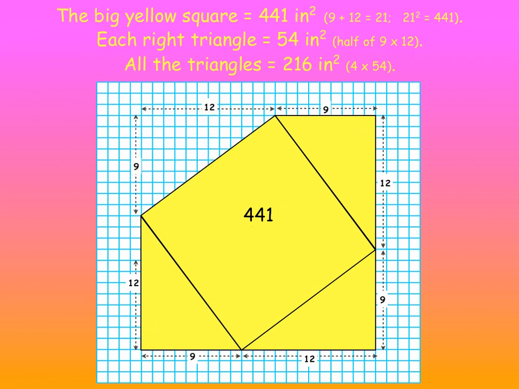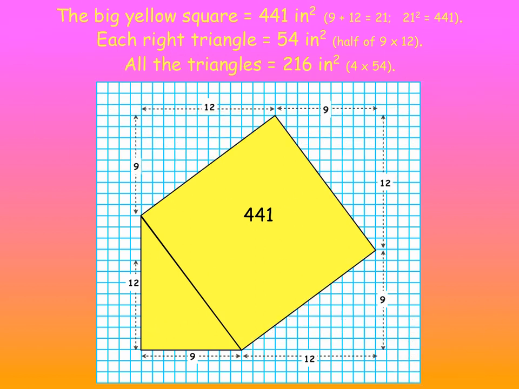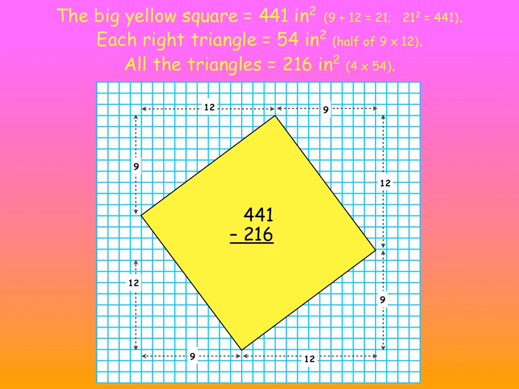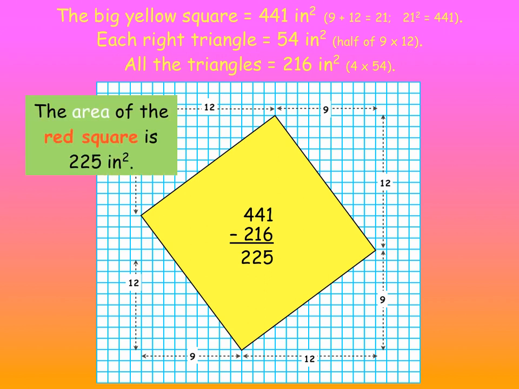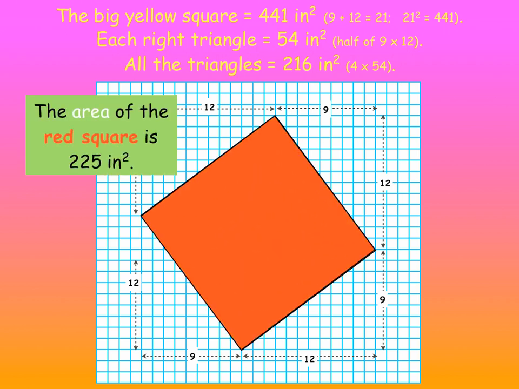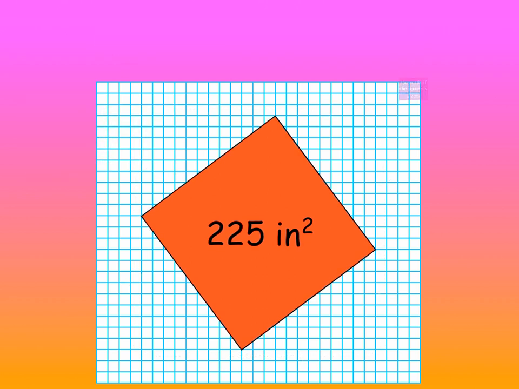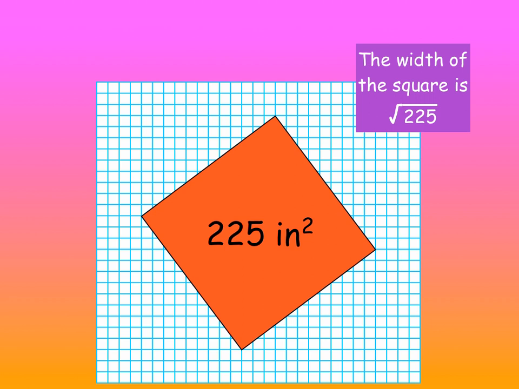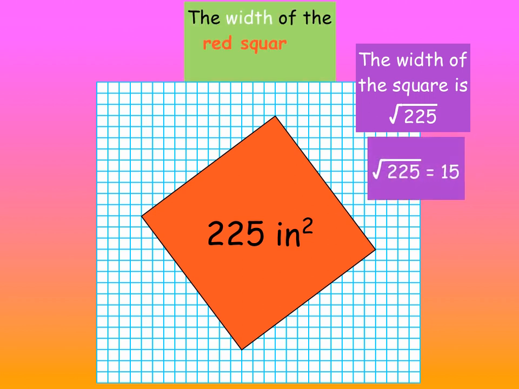If we take them away, we're doing 441 minus 216, which leaves 225. So the area of the red square is 225 square inches. The width of the square is the square root of 225, which is 15, so the width is 15 inches.